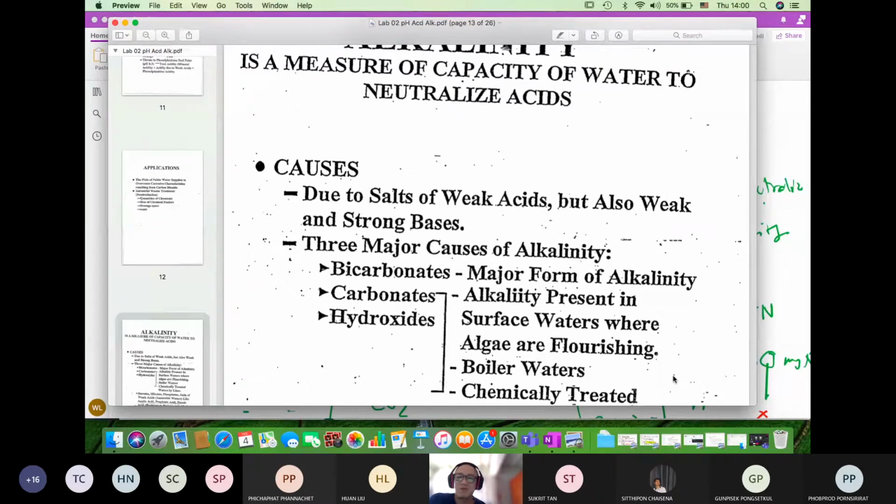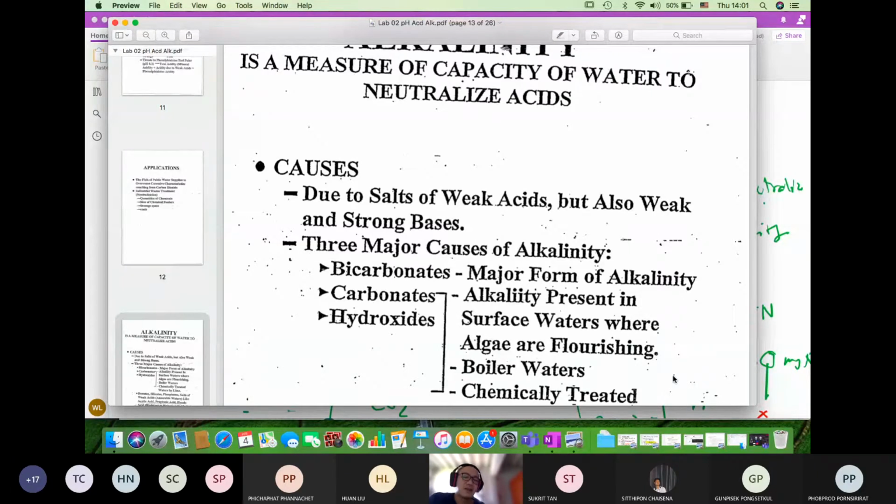If we are talking about a buffer due to weak acids, what will happen if some acids or bases are added? If we keep adding some acids or bases, the buffer system will have the capacity to resist changes in pH. So this is a kind of buffer system.